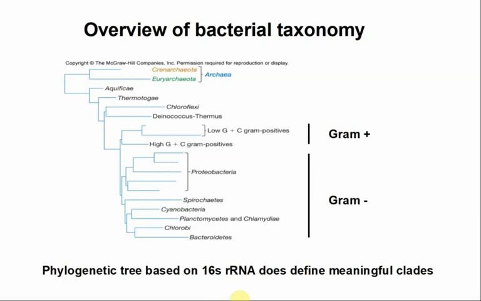Another thing that's kind of interesting about this is that the basal groups here that are very close to the branch point with archaea, Aquifex and Thermotoga, they are both hyperthermophiles, thermophilic bacteria that grow in extreme environments.